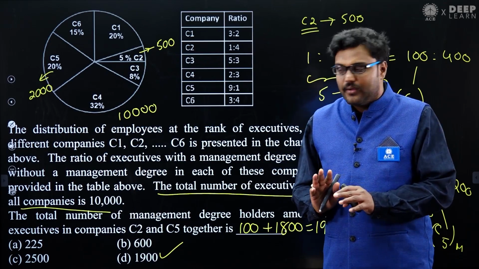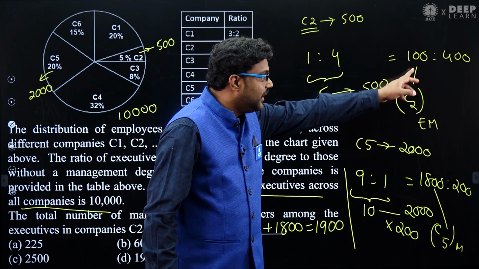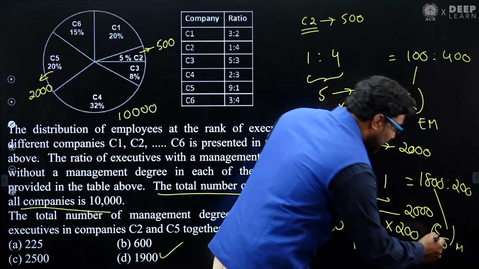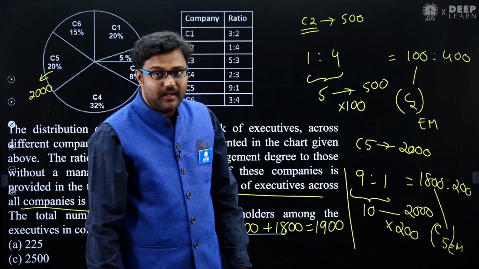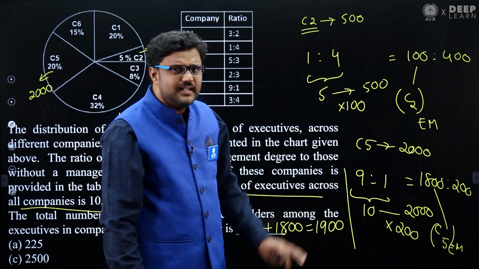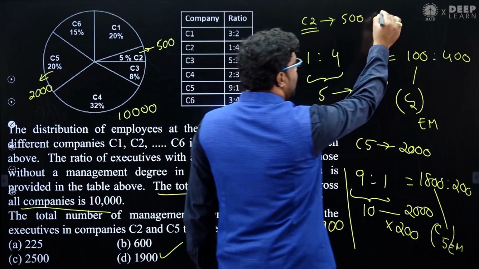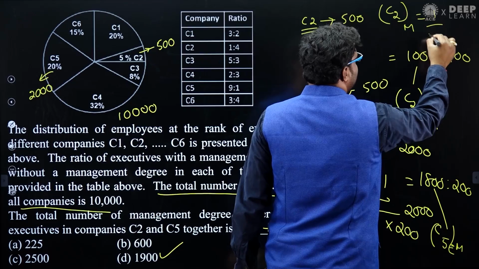Got it? So this is what, my dear friends, we got: in company 2, the number of executives with a management degree, and in company 5, how many executives have management degrees, 1800. See, you can do these calculations in a different way. Sir, 1:4, right? Can't you directly do, in company 2, how many have management degrees, is 1 out of 5 into 500?